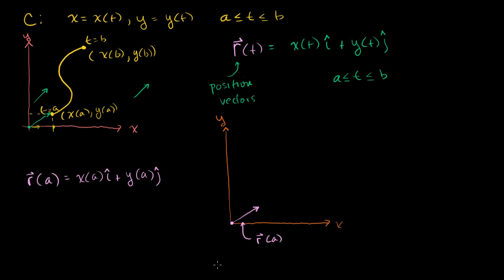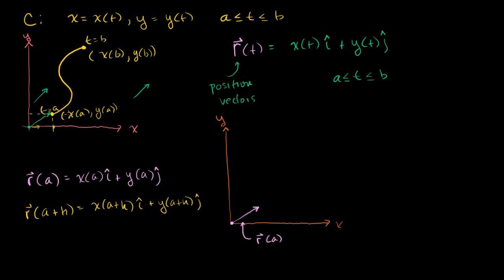Now, what happens if a increases a little bit? What is r of a plus a little bit? We could call that r of a plus delta or r of a plus h. Let's say we increase a little bit, r of a plus some small h. Well, that's just going to be x of a plus h times the unit vector i plus y of a plus h times the unit vector j. And what's that going to look like? Well, we're going to go a little bit further down the curve.